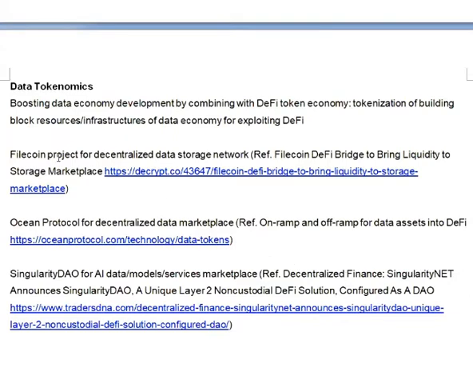So one is a Filecoin project. What they're doing is trying to decentralize the data storage network. They want to compete with Amazon cloud, like AWS, or the Google cloud and Microsoft.